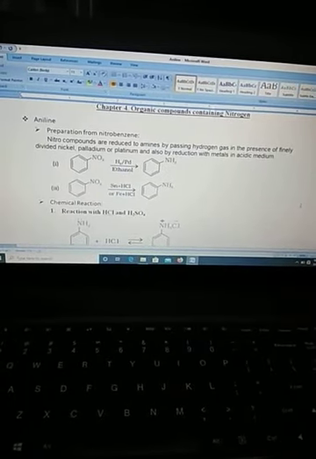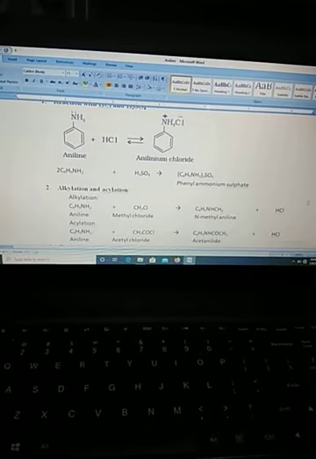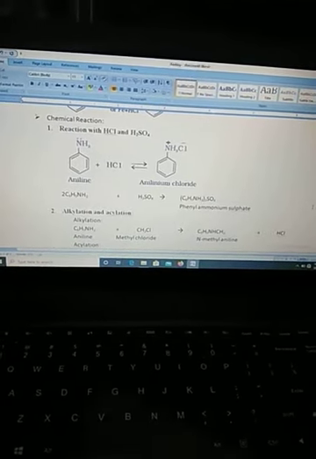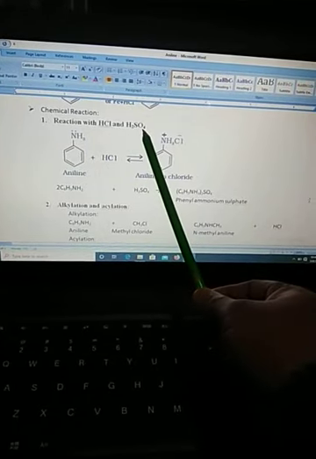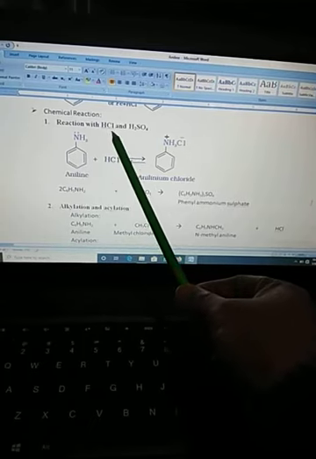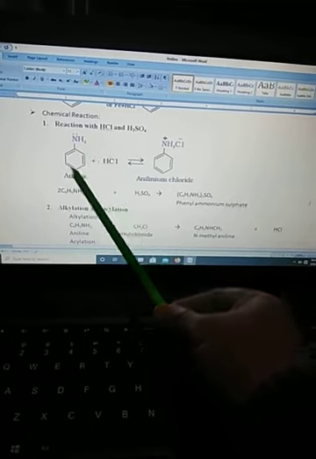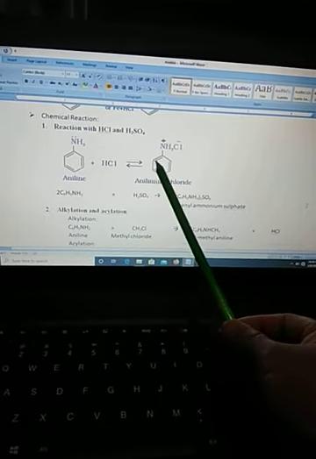Next, we need to see the chemical reactions of aniline. The first reaction is reaction with HCl and sulfuric acid. So what happens when aniline reacts with HCl and sulfuric acid? Since we know that aniline is a base, when it reacts with an acid, it is going to form a salt.